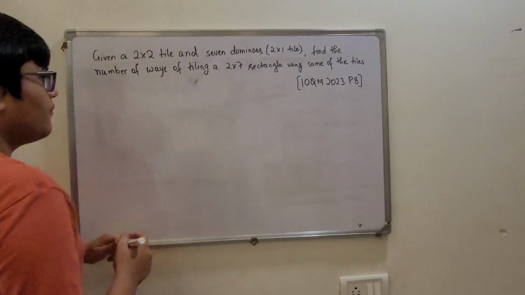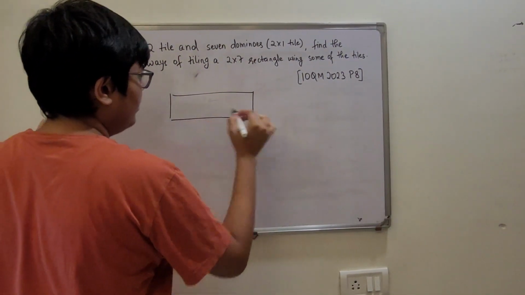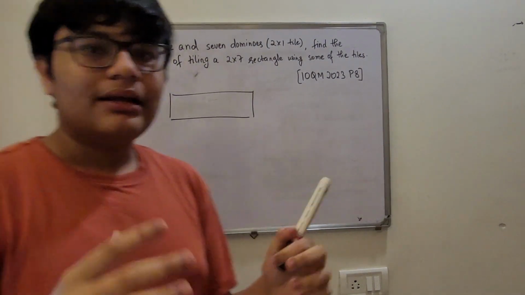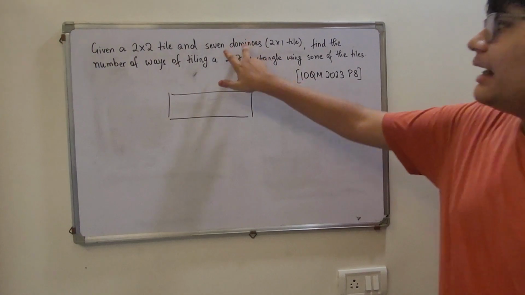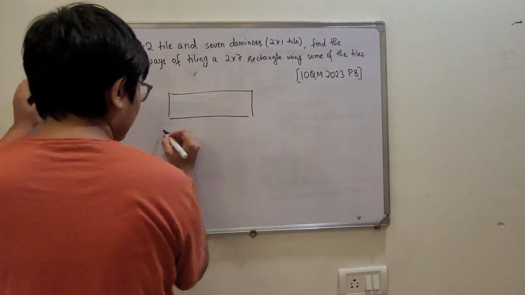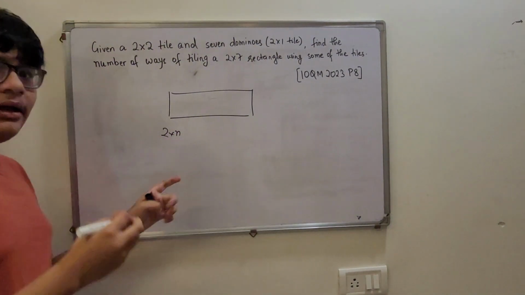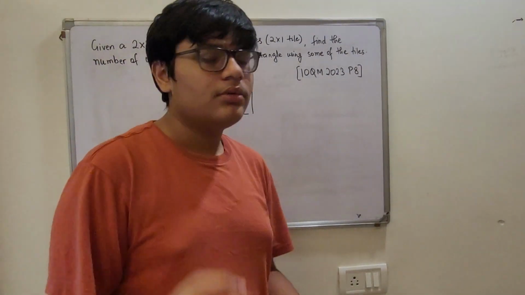So we are given a 2x7 rectangle, right? And the thing is that in any 2xn rectangle, if you want to tile it using dominoes, a 2xn rectangle can be tiled using n dominoes, right? Because the area of one domino is 2.